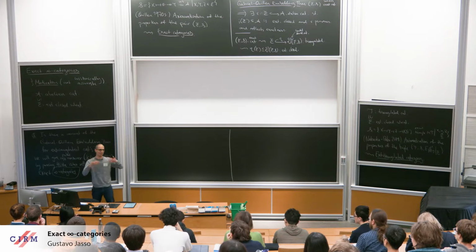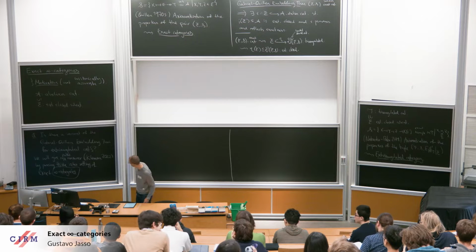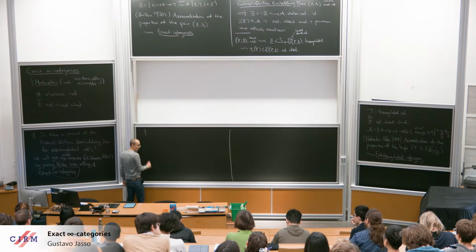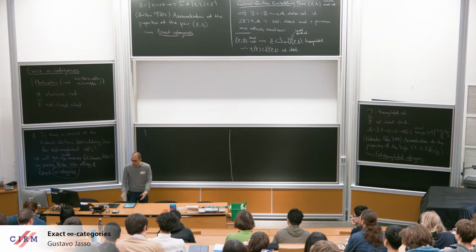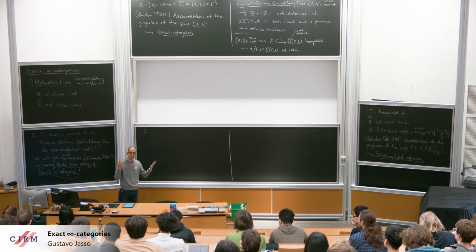I hope that the strategy I will pursue is not disappointing to you. I will give you no definitions, but rather try to communicate some intuition. There is no time for definitions at the moment in this context.